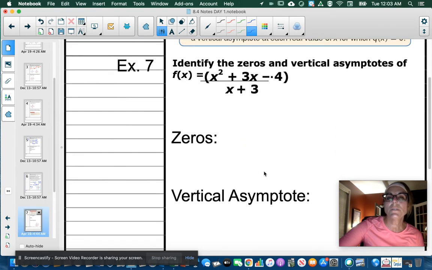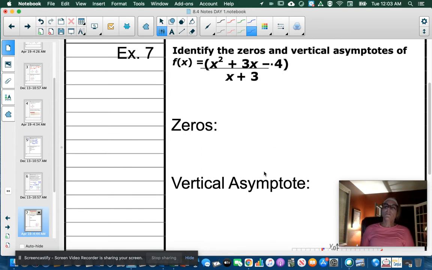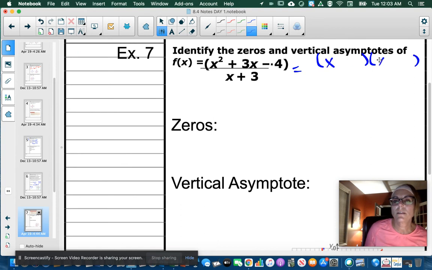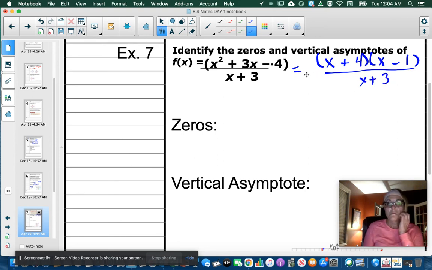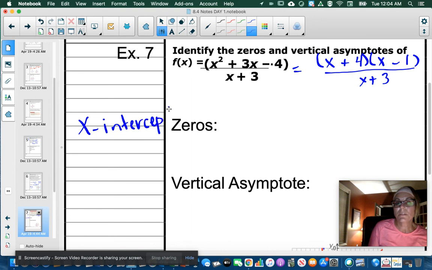So we are going to identify the zeros and the vertical asymptotes of this function. So the first thing we have to do is factor. We need to multiply to a negative 4 and add to 3. So the zeros, they are the x-intercepts.